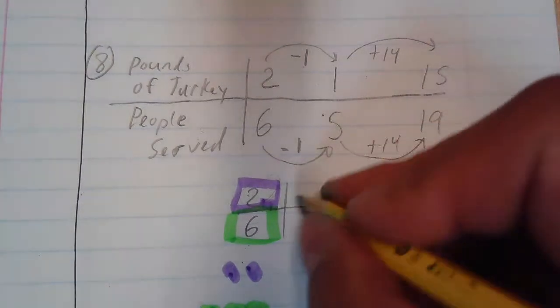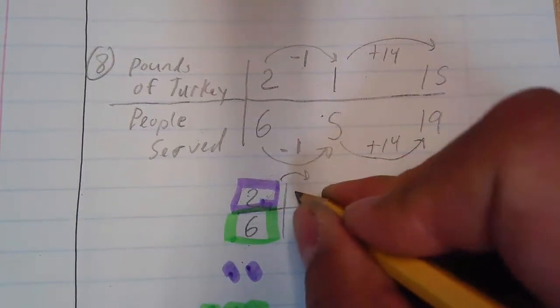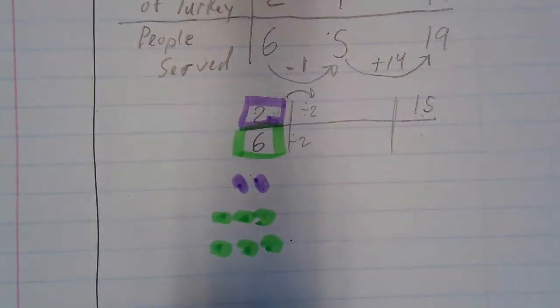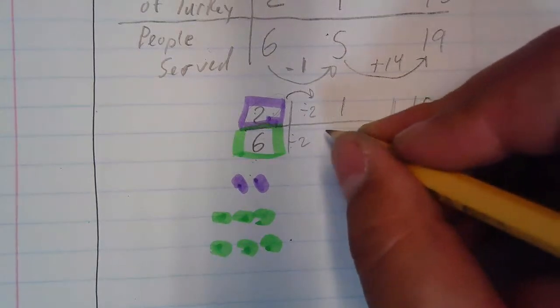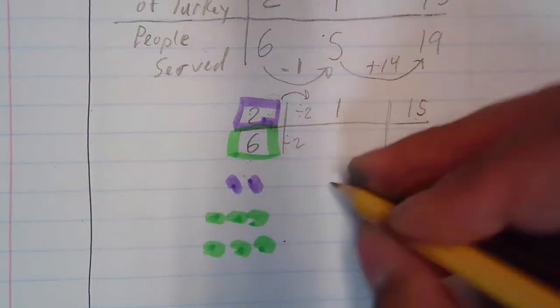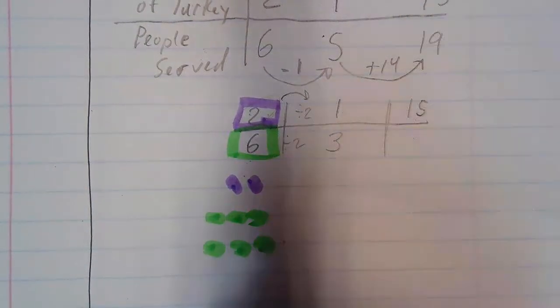But I notice that they're both even numbers. I can divide both of them by 2. You should be able to see in the drawing too. I can break this up by 2. So 2 divided by 2 is 1. Or 2 broken up into 2 groups gives you groups of 1. Right? And then 6 broken up into 2 groups is 3.